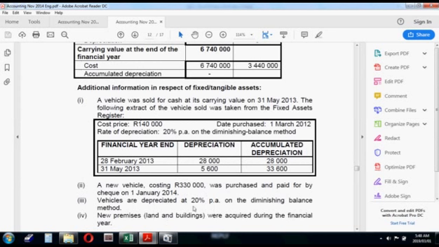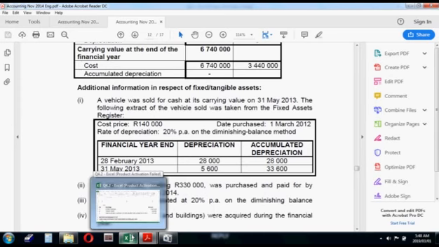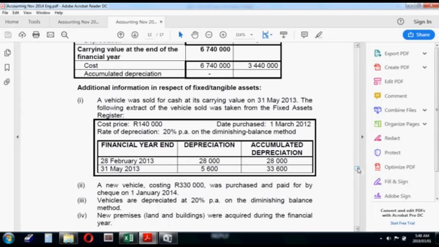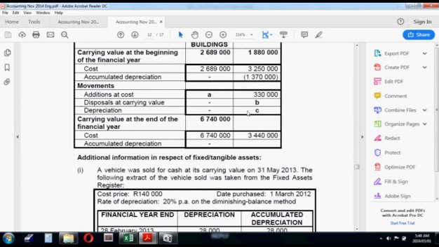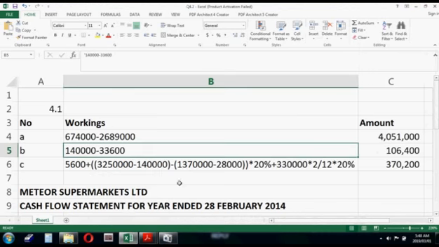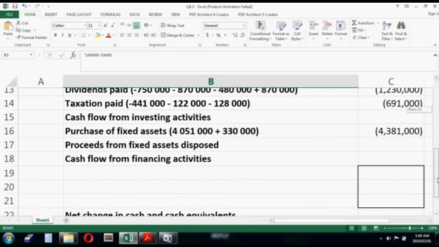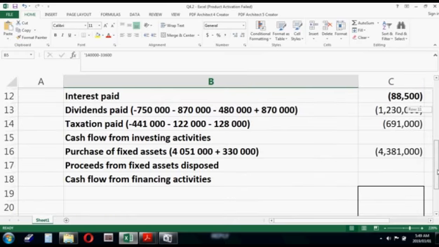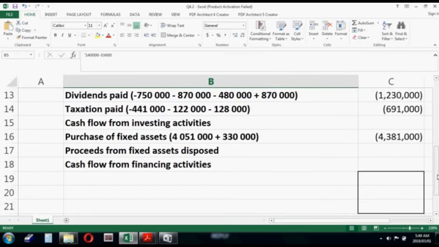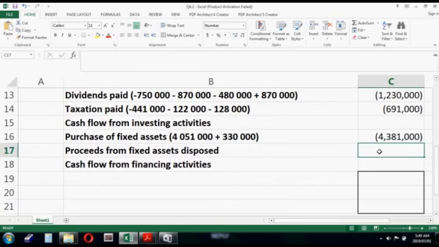It was the 140,000 minus the 33,600, for number B, disposals at carrying value. So we can find that value from 4.1, so it's 106,400, and when we sell something we will receive money, so it's an inflow.